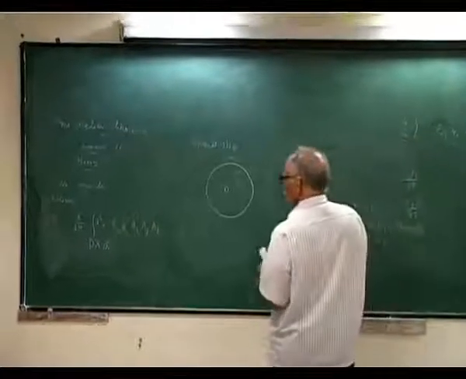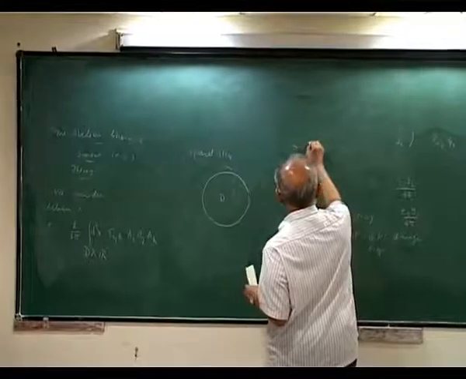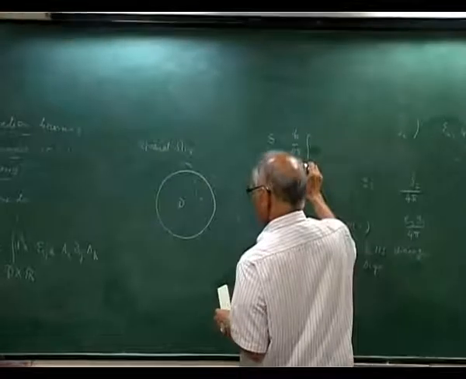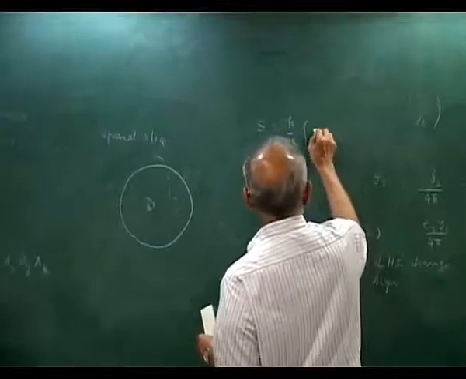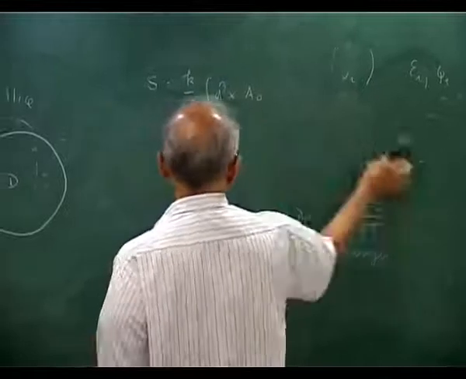Now look at the action. Yes, it is k over 4 pi times the integral d cubed x times, first there is an A_0 term.